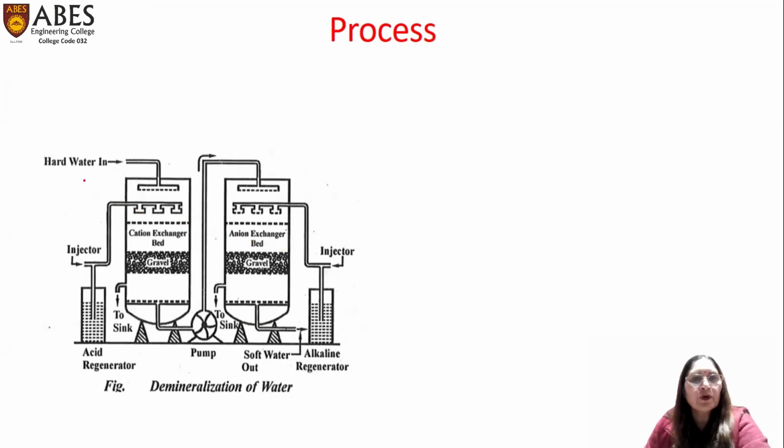Firstly, when hard water is passed through this inlet and comes in contact with the cation exchanger bed, all the cations are taken up by this resin, which releases an equivalent amount of H+ from the resin into this water. It means the cation exchanger takes up all the cations, meaning calcium or magnesium.